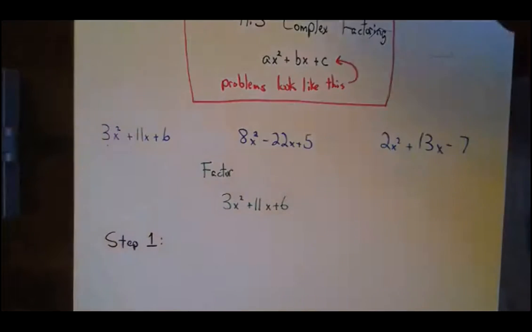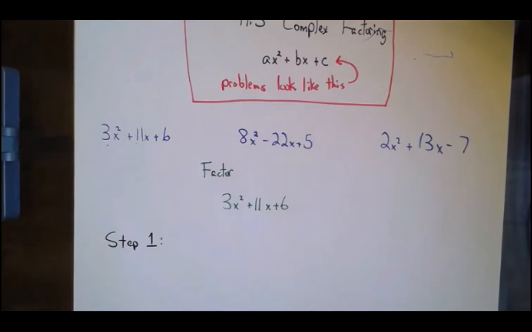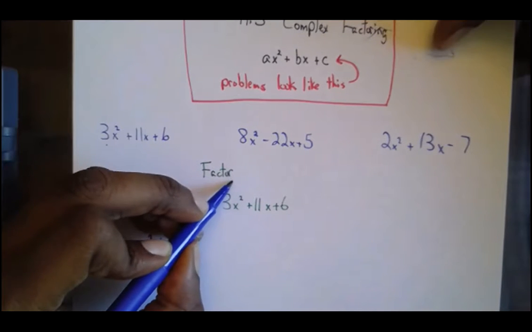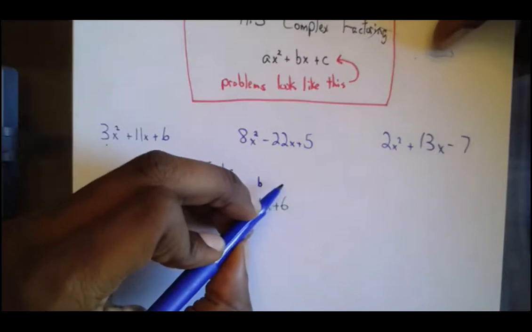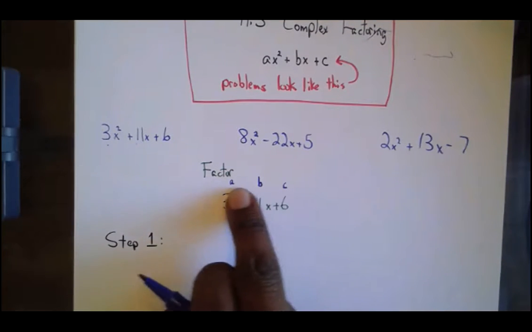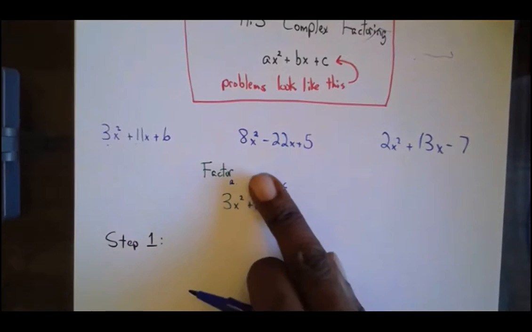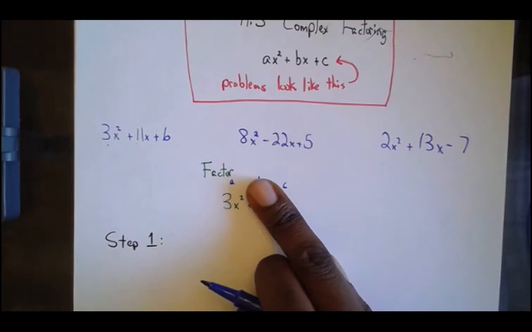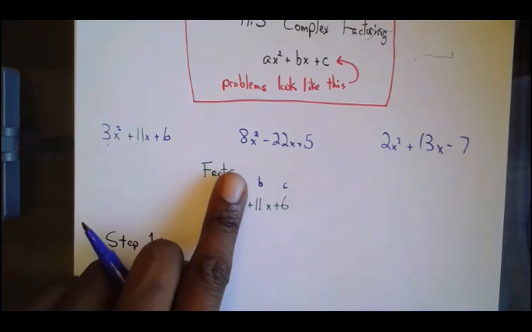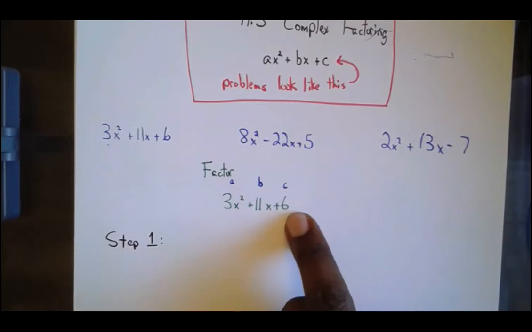First thing I want you to do is label this A, B, and C. The way this is different from the others is that A is going to be the entire 3x squared, B is going to be 11x, and C is 6.